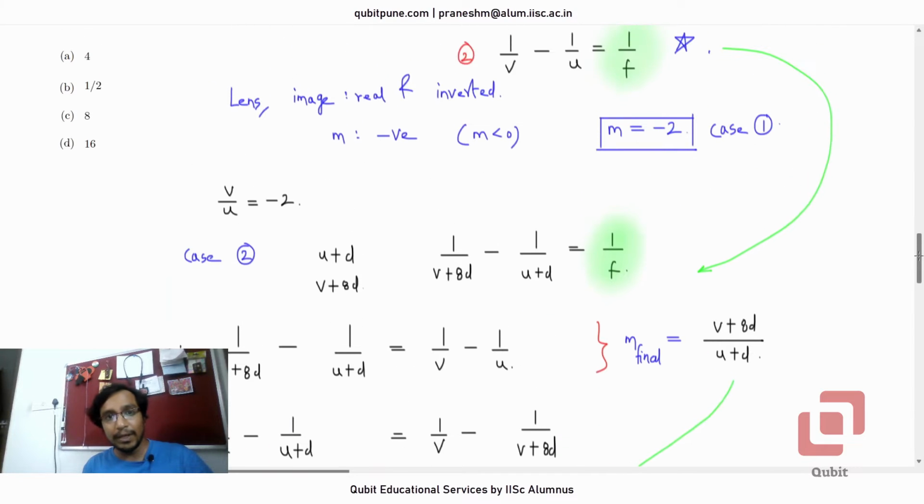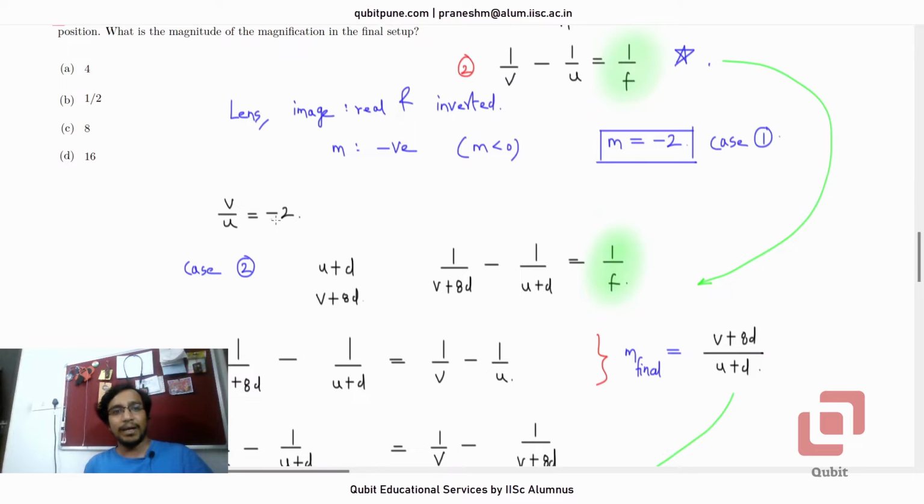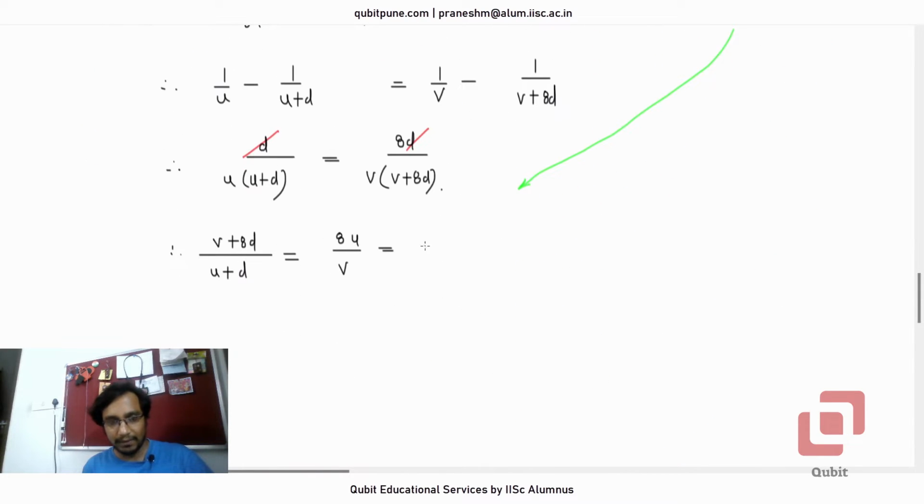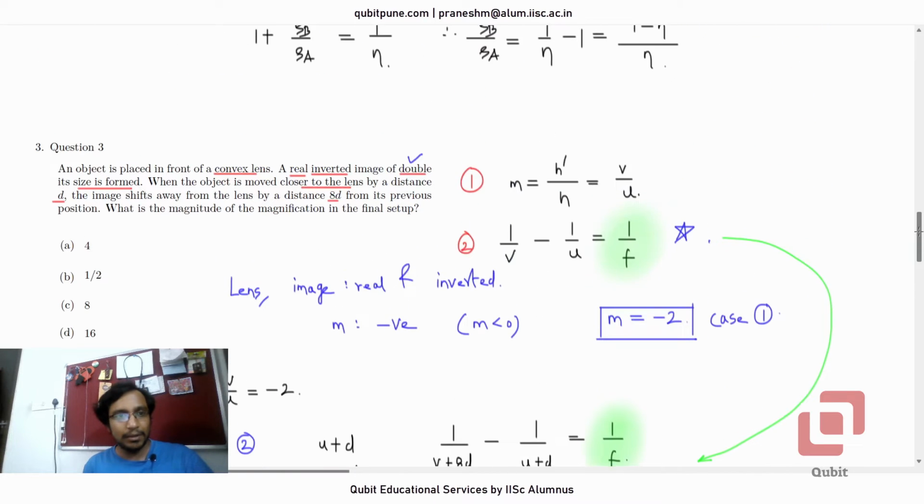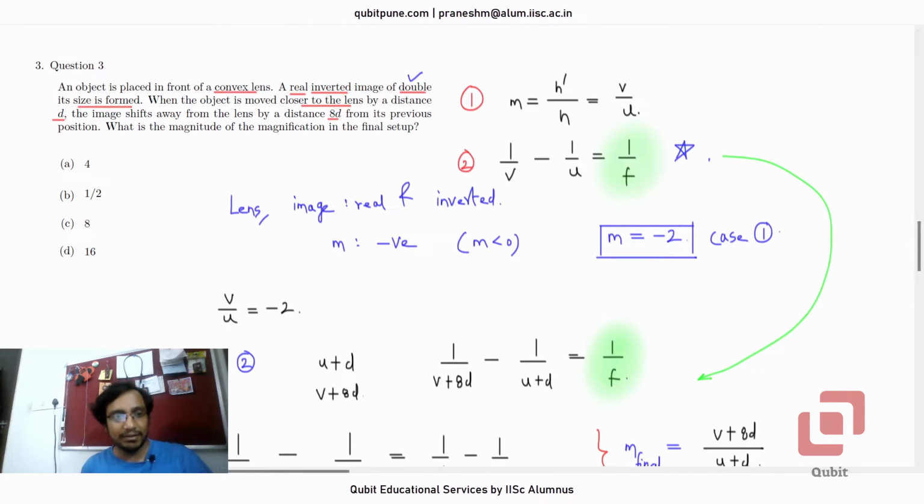Now, do we know U by V? Yes, we know. U by V is 1 upon negative 2, right? So that is negative 4. We want the magnitude of the magnification, so that has to be 4.